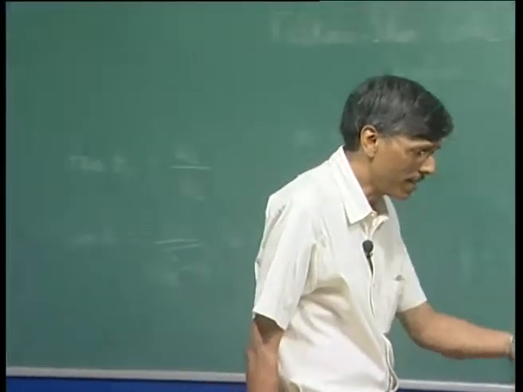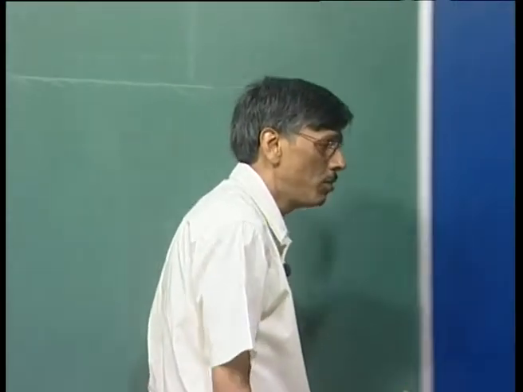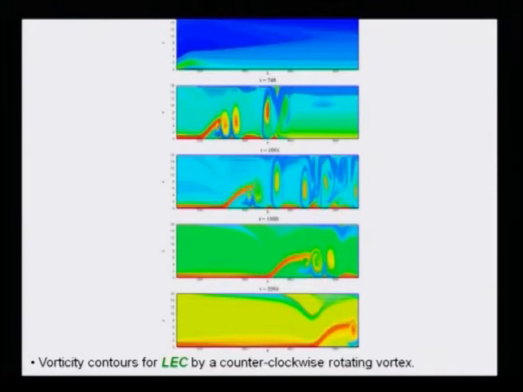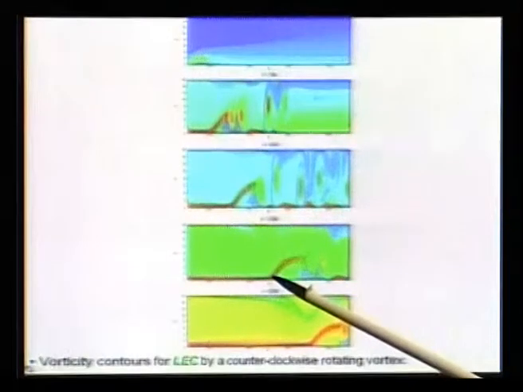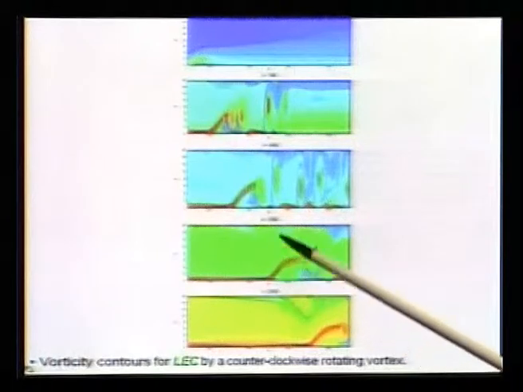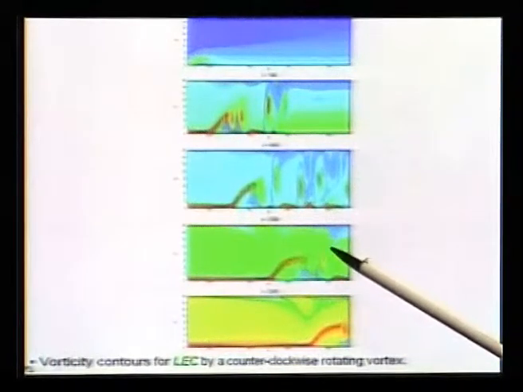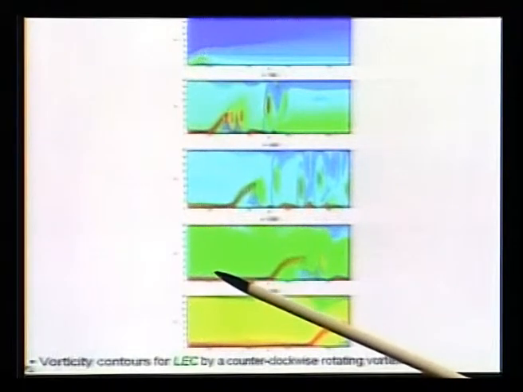Looking at the last two frames itself, you can tentatively guess where the vortex is. There is a thinning down here, so the vortex must be somewhere ahead of this. So, on this side it is creating instability, on this side it is thinning down the boundary layer.